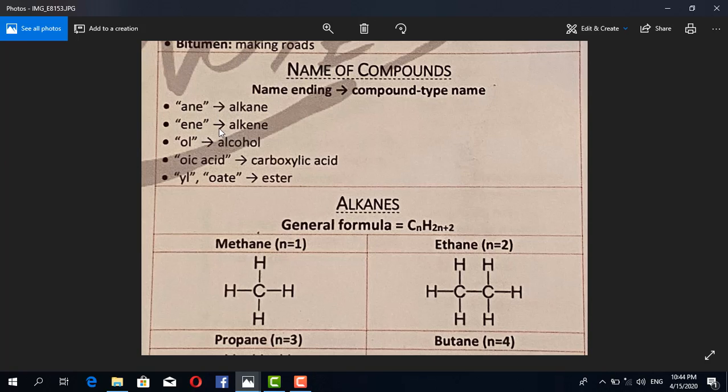Anything that ends with an ene goes with an alkene. The ones that end with an ol, like ethanol, methanol, are alcohols. Oic acid, like benzoic, methanoic acid, goes for carboxylic acid, and oate goes for ester.